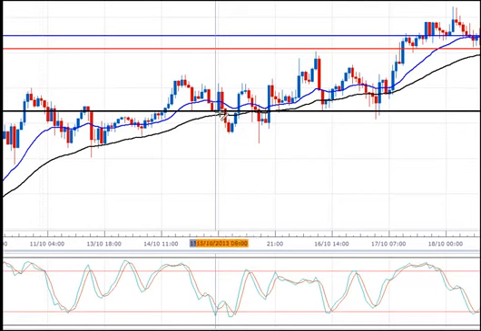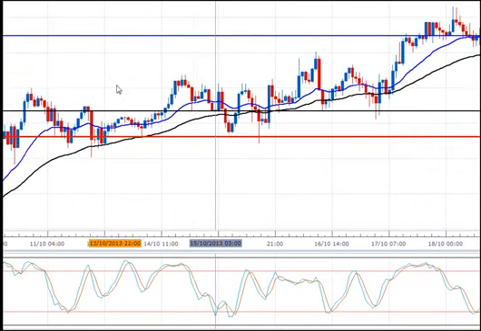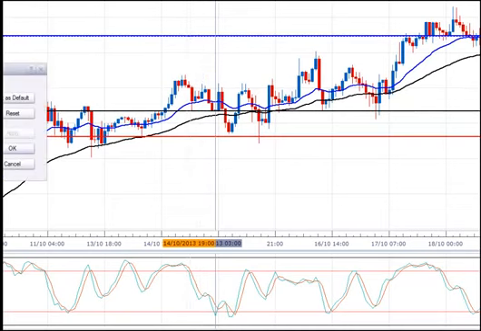Set 35 pips. Stop loss is somewhere here. Let me see, 35 pips is 156.811. Okay, 70 pips will be somewhere here, again, 157.871.